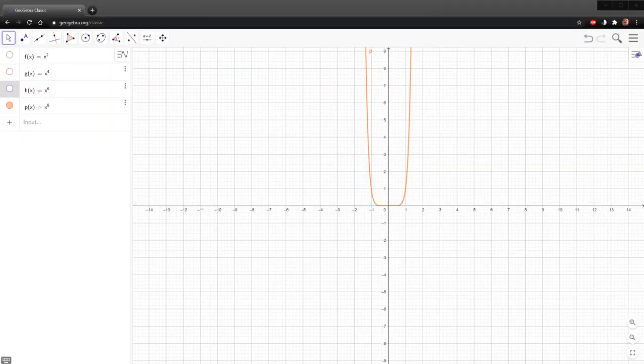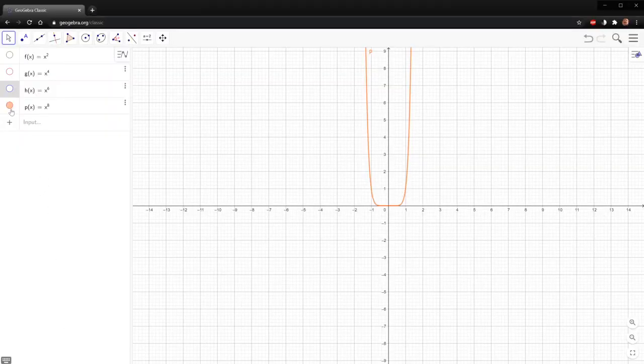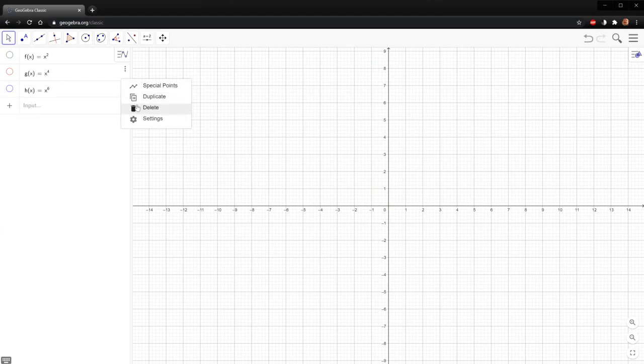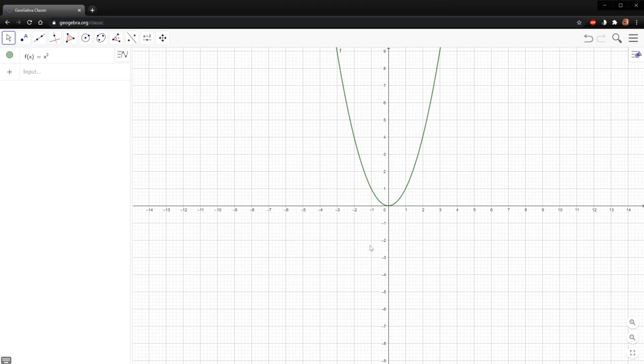So if we just restrict the domain, right? So, okay, this is clearly not one-to-one, but if we restrict the domain to be only the non-negative numbers, right?